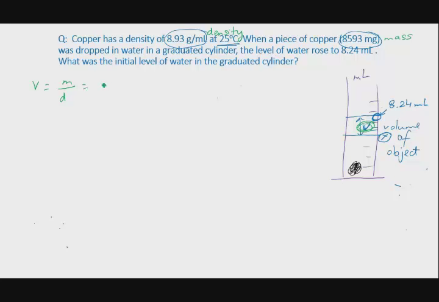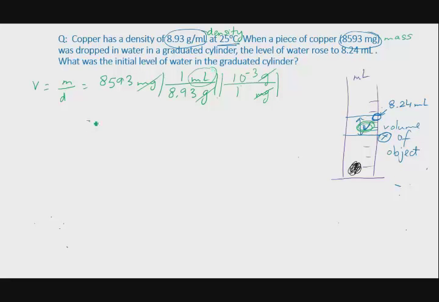In other words, 8,593 milligrams divided by 8.93 grams per ml. Now grams and milligrams will not cross out yet, but we can convert them into each other. 1 milligram equals 10 raised to minus 3 grams. Notice grams cross out, milligrams cross out. We are left with mLs.